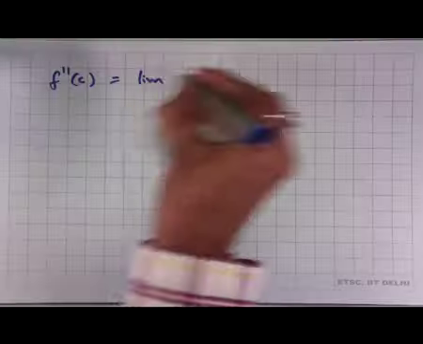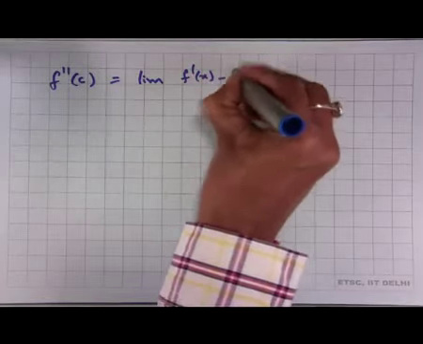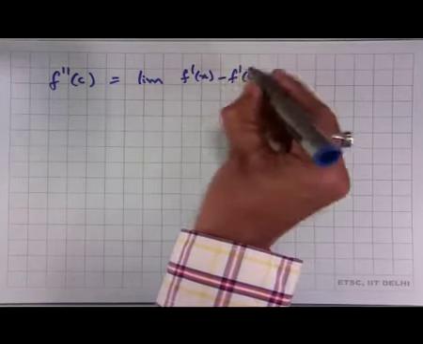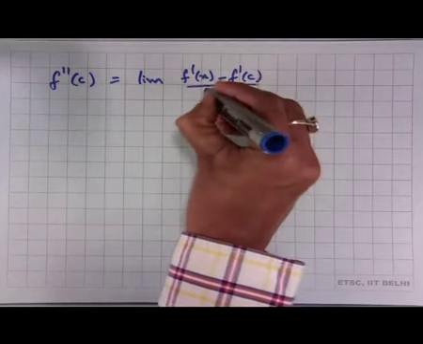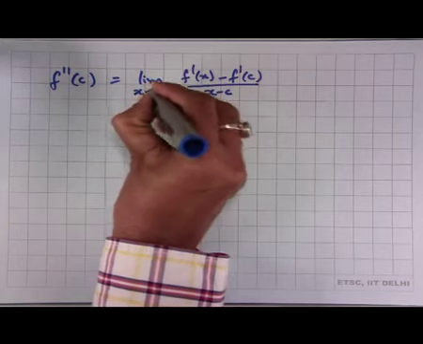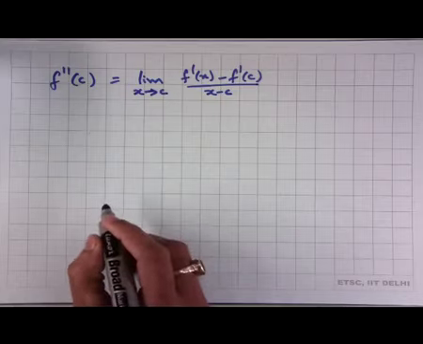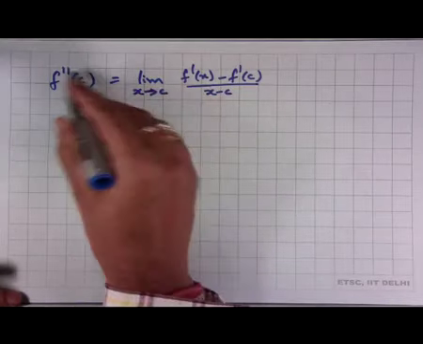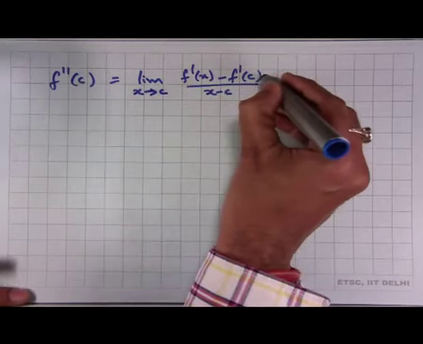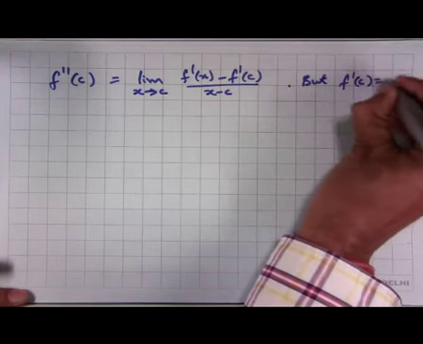So, this is the limit of f prime x minus f prime c divided by x minus c as x approaches c. And this is the definition of the second derivative at c. Now, what we know is that f prime c is equal to 0.